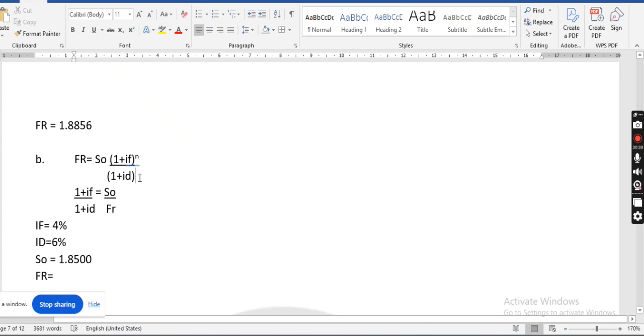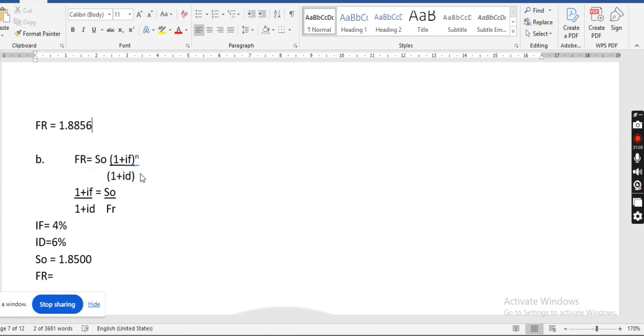Now, class, all these together, which means that you have to say 1 plus IF divided by 1 plus ID, and you raise it to power of n, which is the number of years.